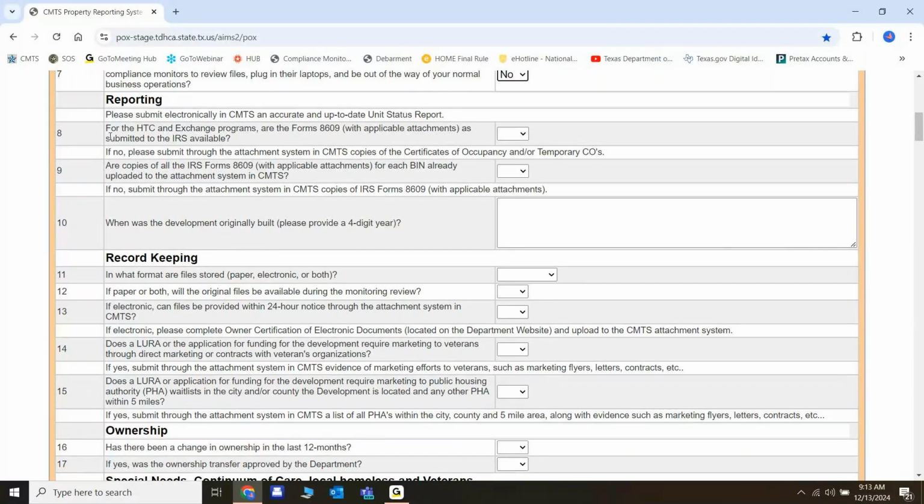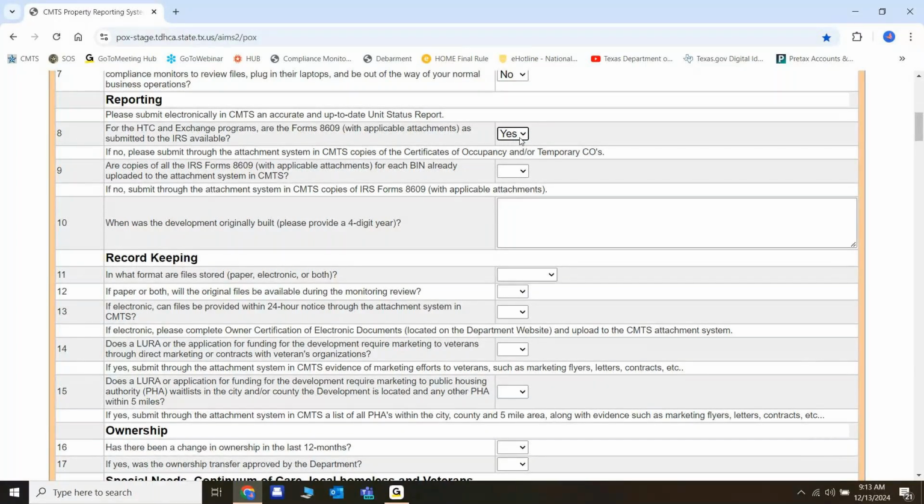So for the housing tax credit and exchange programs, have forms 8609 with any attachments as submitted to the IRS. Are they available? Do you have them? If the answer is yes, then great.